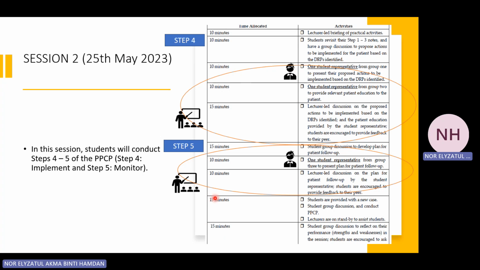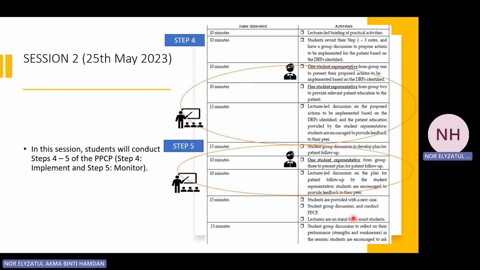In the remaining 30 minutes of practical 2, we will have a new case, and students will conduct the PPCP steps, identify the DRP, identify the plan, propose the implementation, and monitoring, the same steps as with the other case.